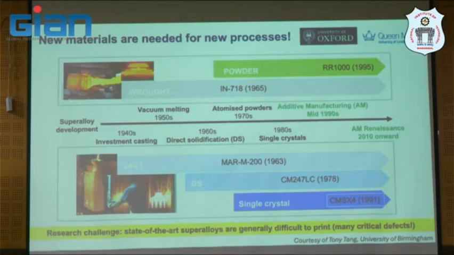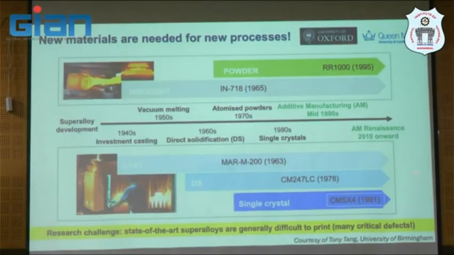But anyway, 718 and 247 have been used to print, though as I said they are actually optimized for hot working and directional solidification. So do we need a new material that may be better for a new process, additive manufacturing?